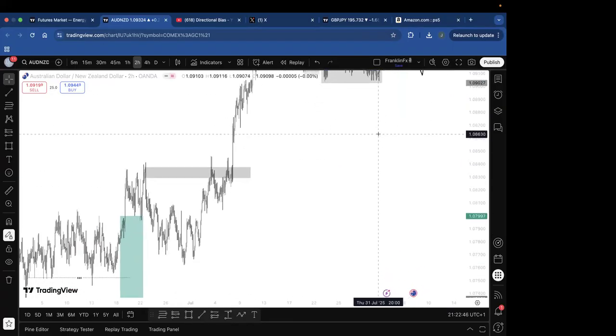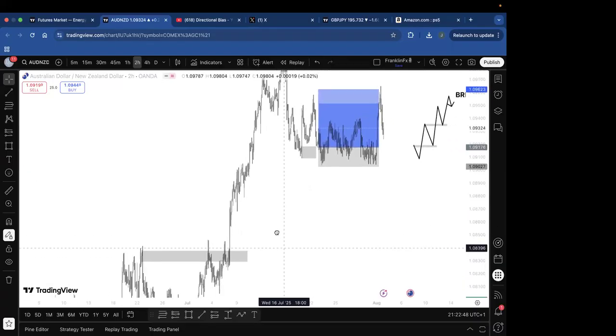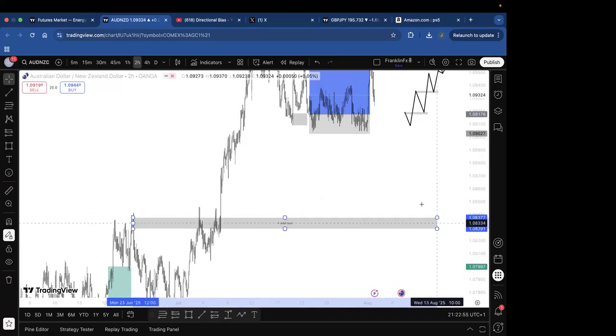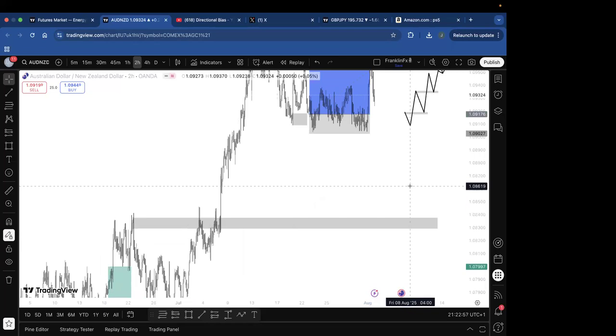Good. Now, this particular one has not played out fully yet. But if there is any chance of market returning back down here, I can take it. I am taking it not because of an order block anymore, but because of what we call what? A breaker block. Are you with me?